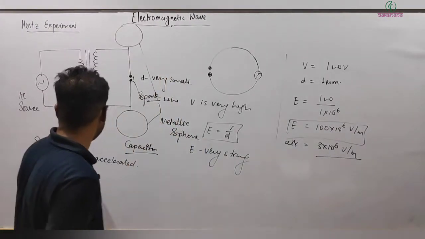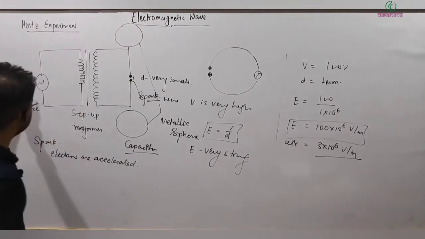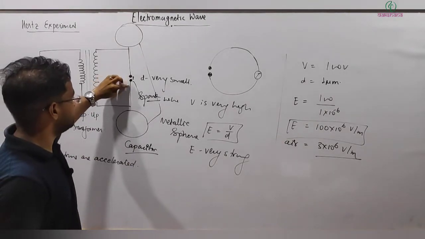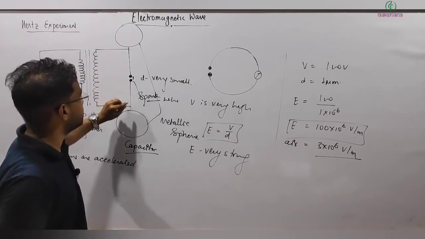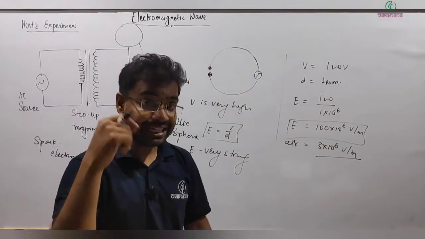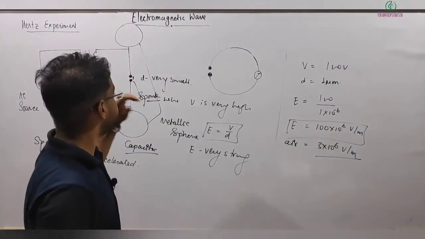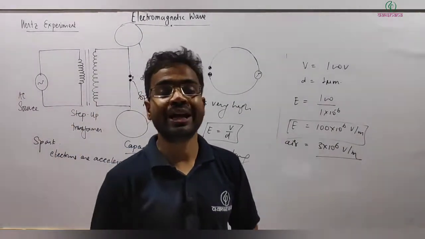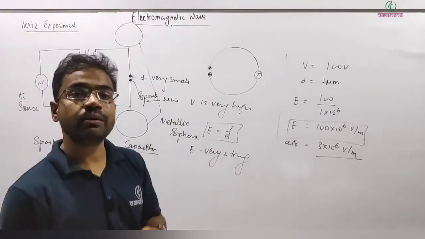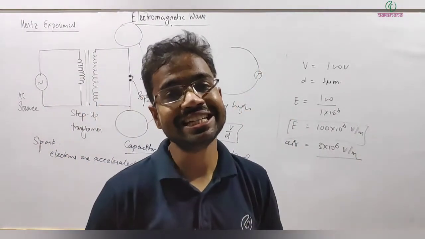Now with this source we are continuously changing the polarity, positive negative, so the electrons are accelerating up and down. And one more thing: the frequency of the electromagnetic wave generated is equal to the frequency of the oscillating charged particle.